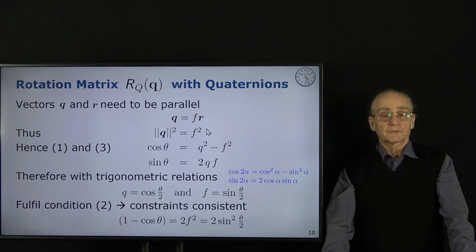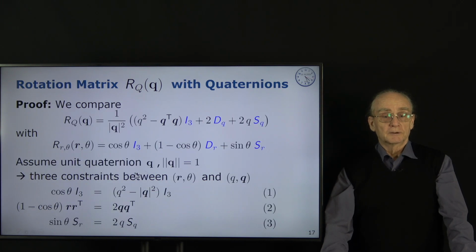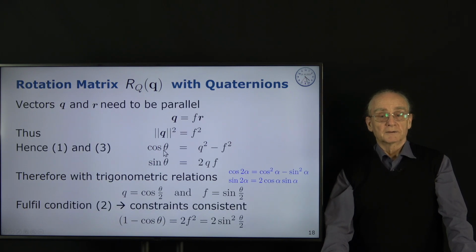Now we use this result and look into the first condition. So we need to see that cosine theta needs to be scalar part minus the length of the vector square. That means the cosine of the rotation angle should be Q square minus F square.